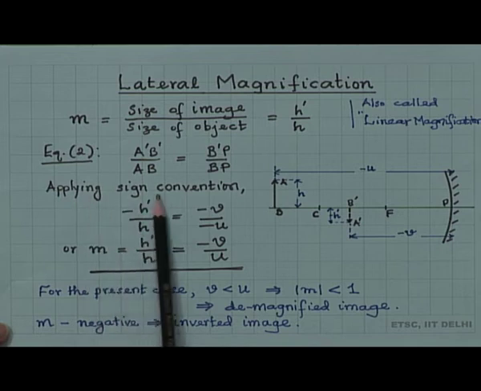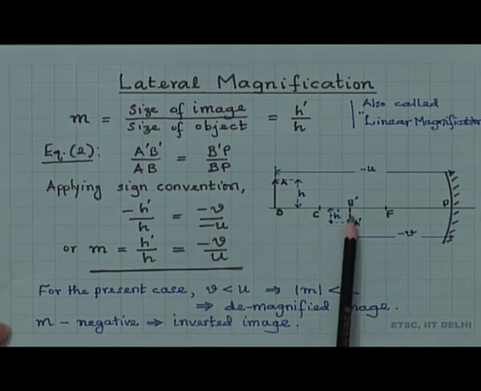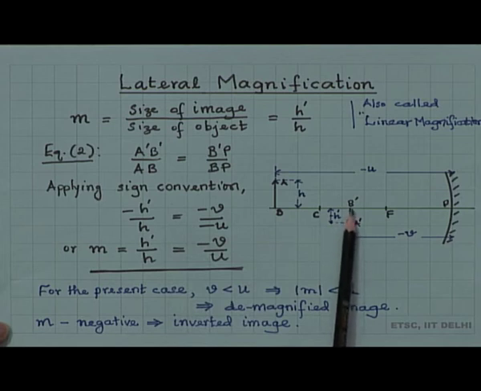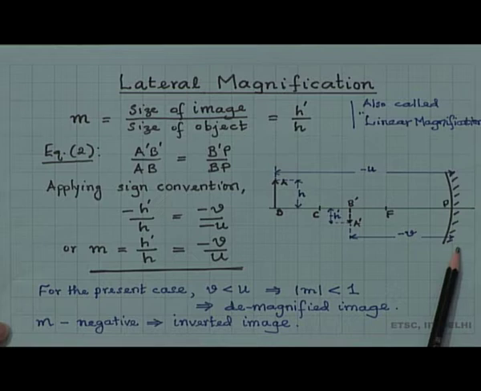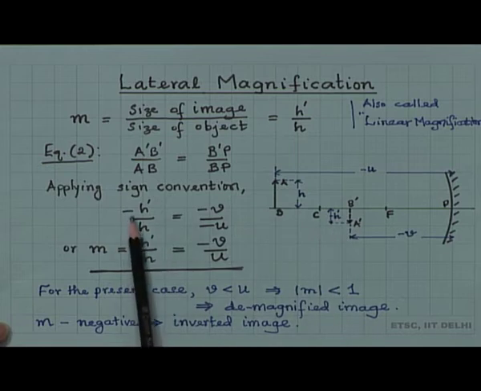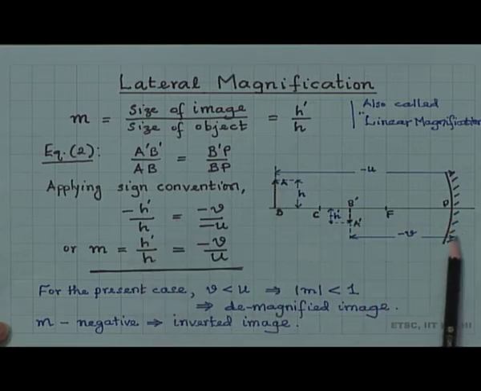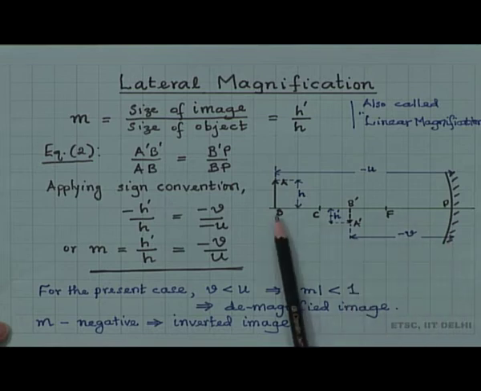Applying the sign convention, h dash here, A dash B dash, is along the negative y axis, that is below the x axis, and therefore this is a negative quantity. So we substitute minus h dash divided by AB, which is h, is equal to B dash P as before, which is minus v, divided by BP, which is minus u.